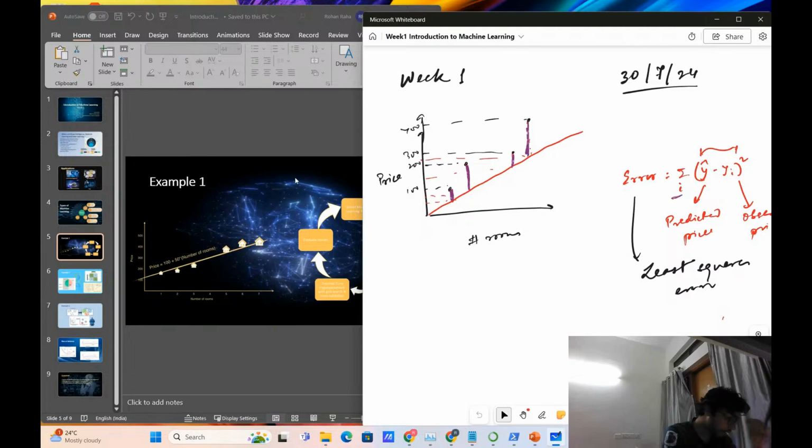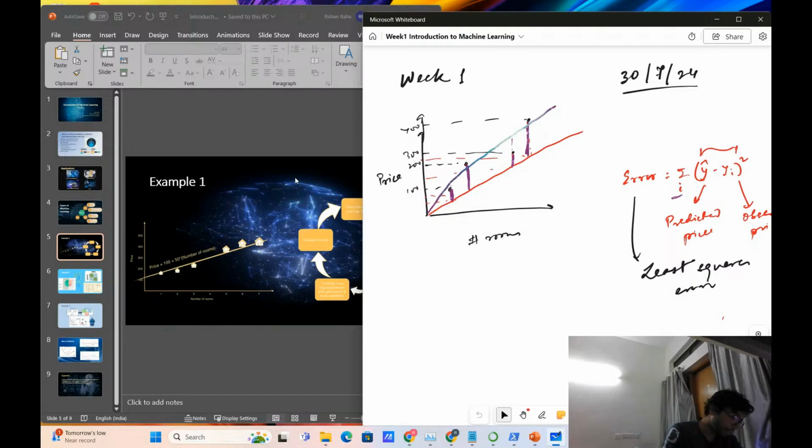So if you see, these lines are very long, but if you can fit a line like this, the mean square distance is automatically minimized, right? So that's why you would choose this line and not the other one, right?